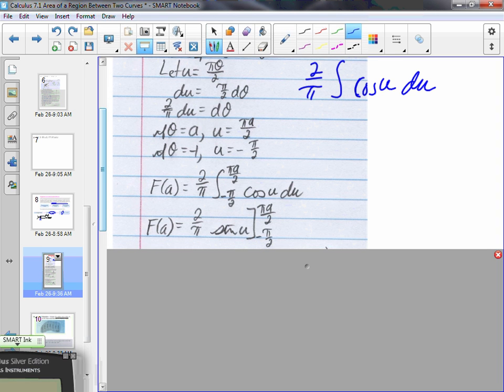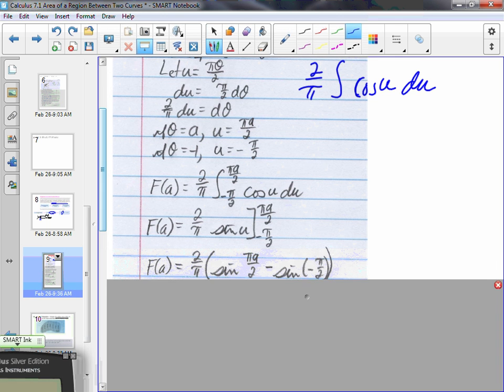We evaluate first for pi a over 2. So keep that 2 over pi out in front, and then evaluate. So capital F of a equals 2 over pi times the sine of pi a over 2 minus the sine of negative pi over 2.